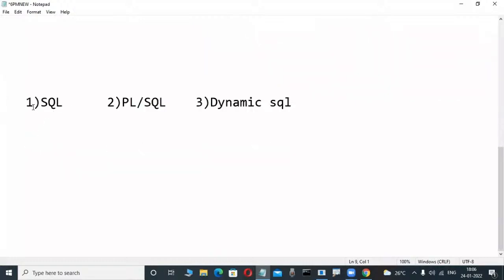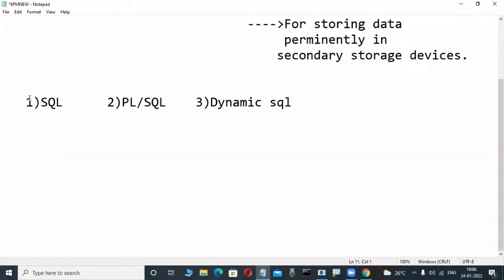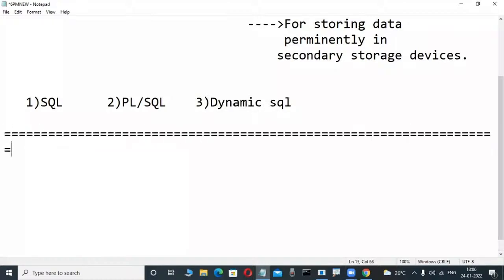For operating these products, we use SQL. But for the Oracle database product, we use 3 languages: one is SQL, another is PL/SQL, another is dynamic SQL. Up to this, we learned in previous classes.